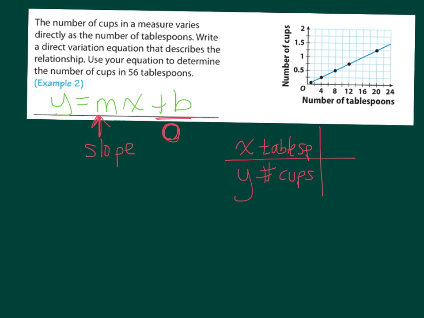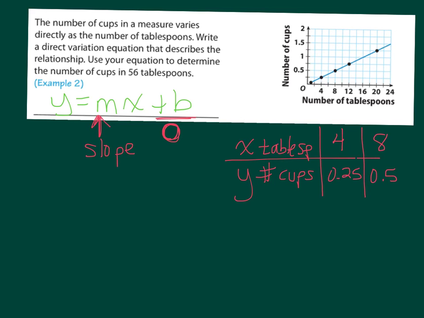And so when I look at x, when x is 4, then y, or the number of cups, is 0.25, or 1/4 of a cup. When x is 8, y is half of a cup.